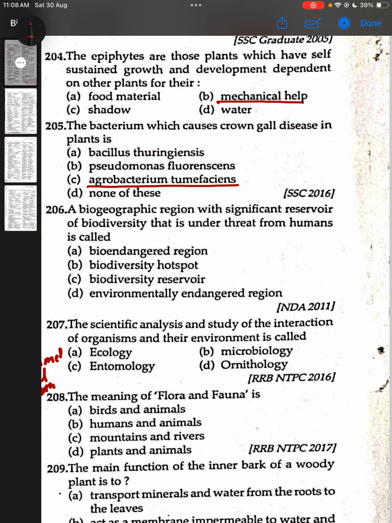A biogeographic region with a significant reservoir of biodiversity that is under threat from humans is called biodiversity hotspot.